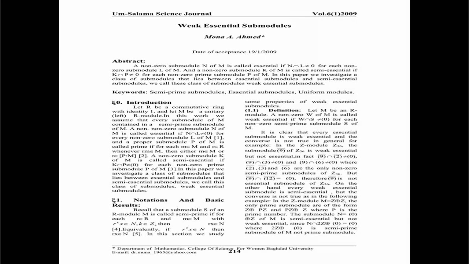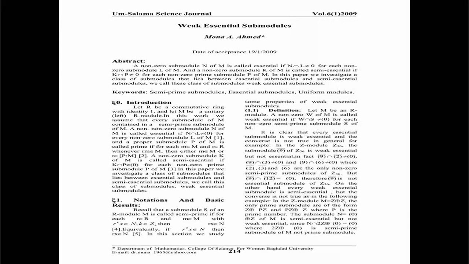So a non-zero submodule N of M is called essential if N intersect L is not equal to 0 for every non-zero submodule L of M. In this definition, I choose semi-prime instead of any submodule.